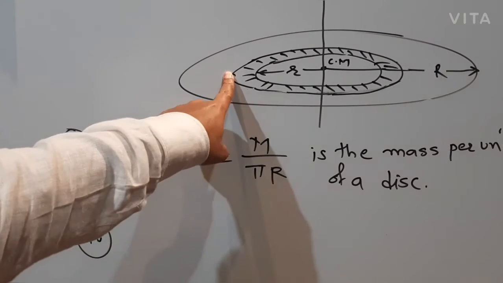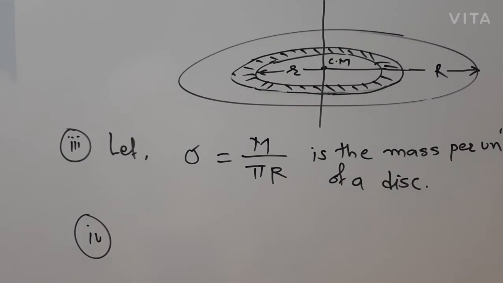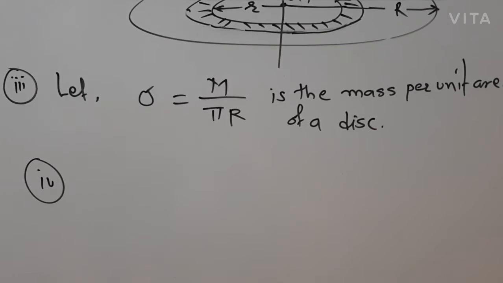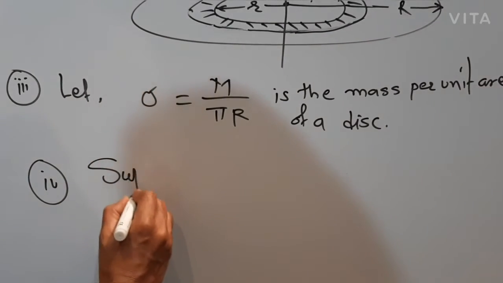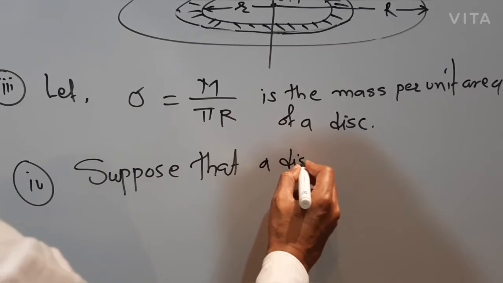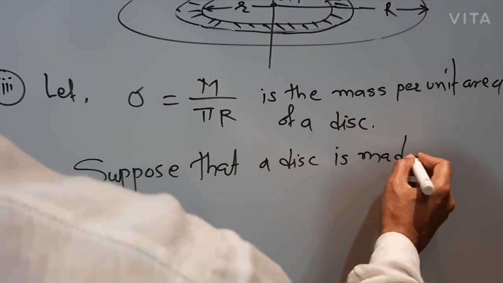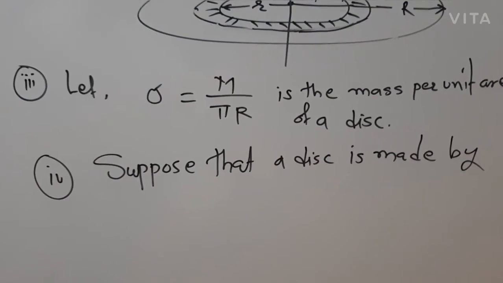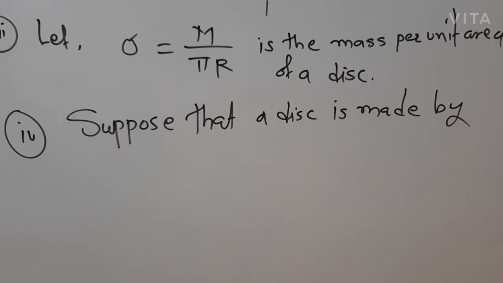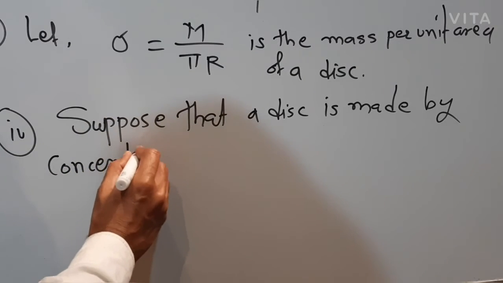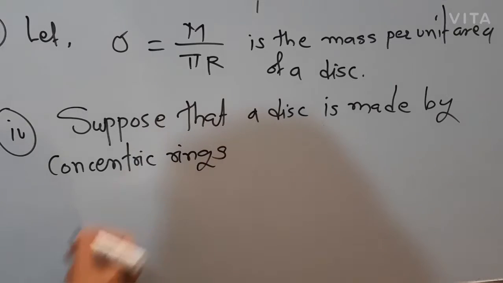Then consider a ring of radius small r as an element, having mass dm.